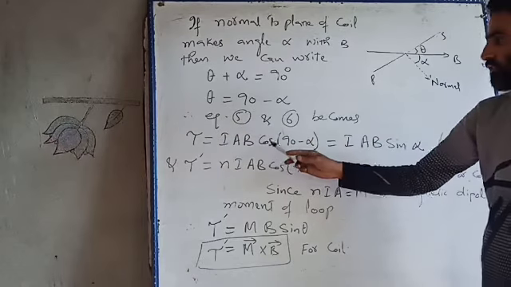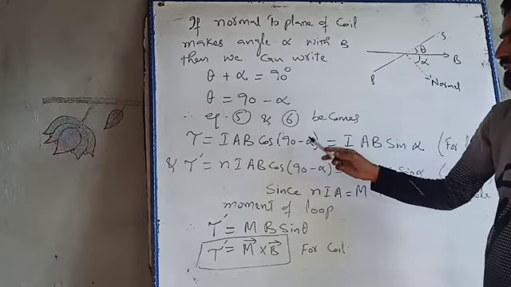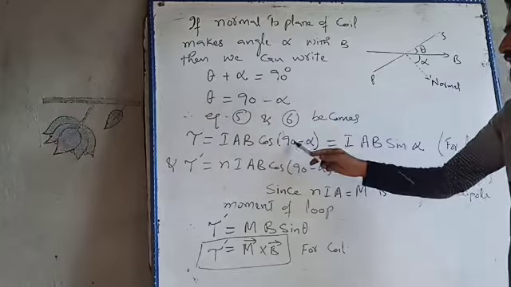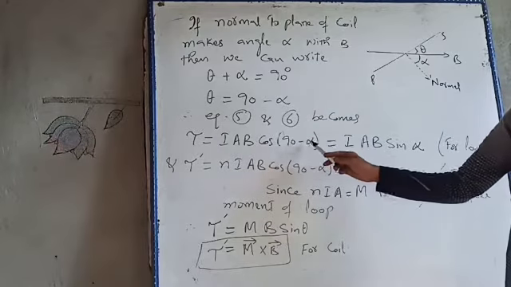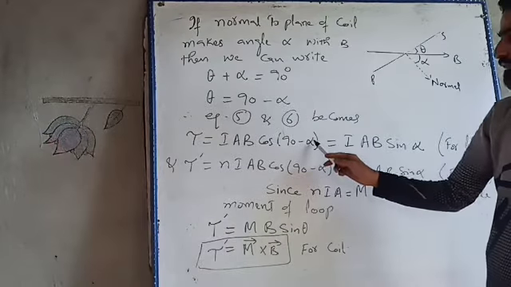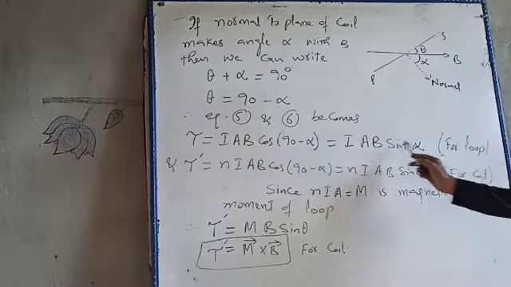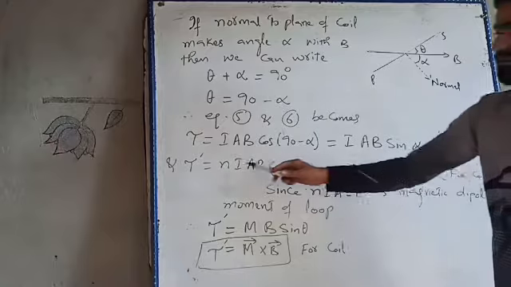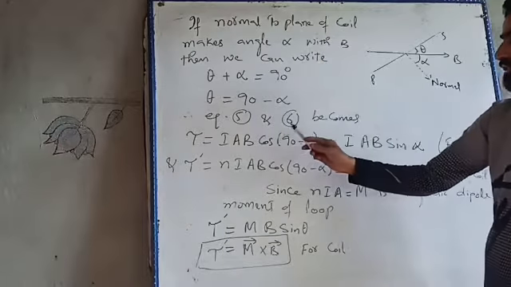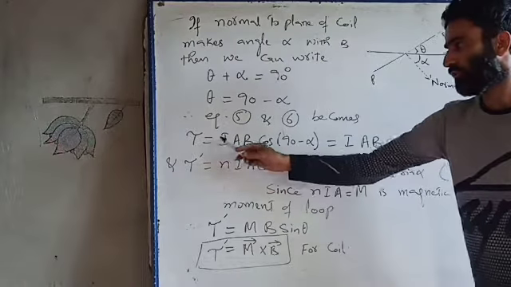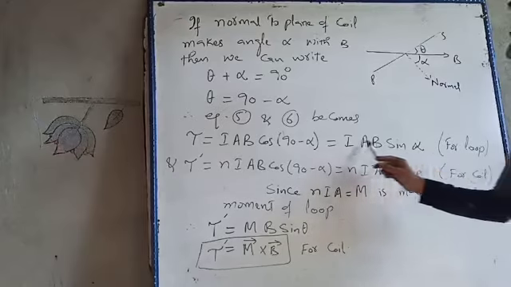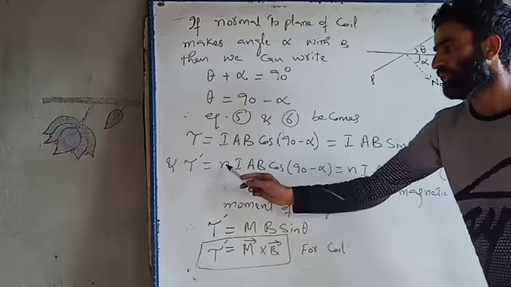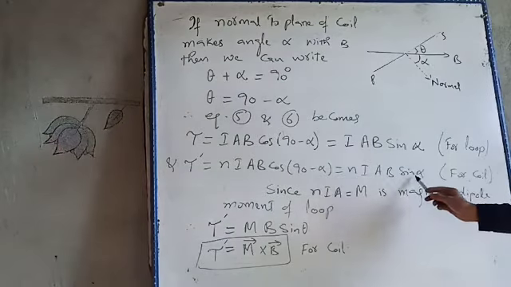We get cos of 90 minus alpha, and we know that cos of 90 minus an angle converts into sine of the angle, so cos 90 minus alpha comes to be sin alpha. The same applies to the next equation, number 6, which is for the whole coil with n number of turns; it will get converted into this relation.